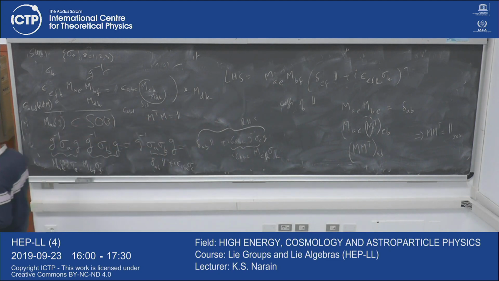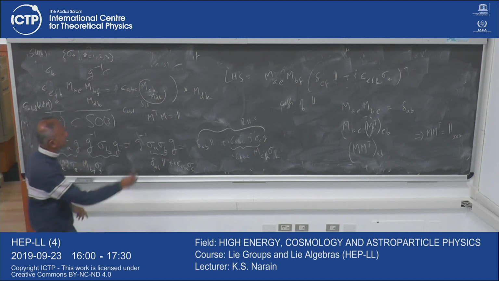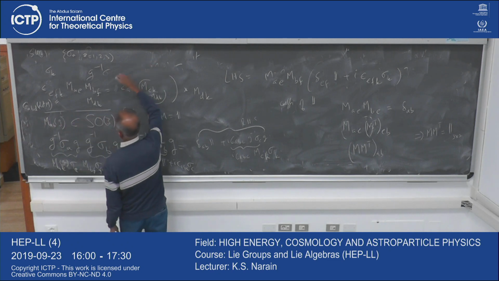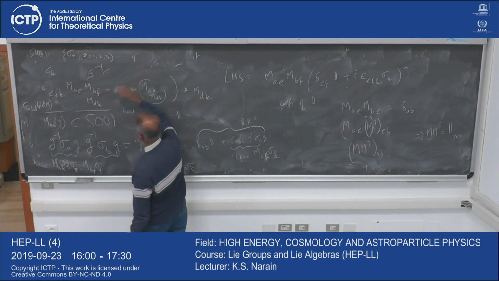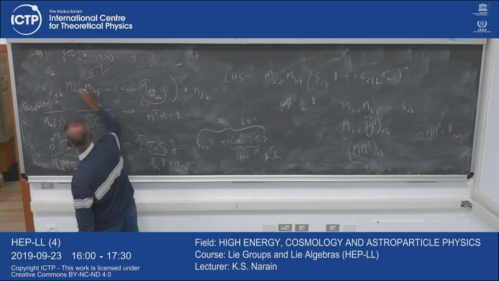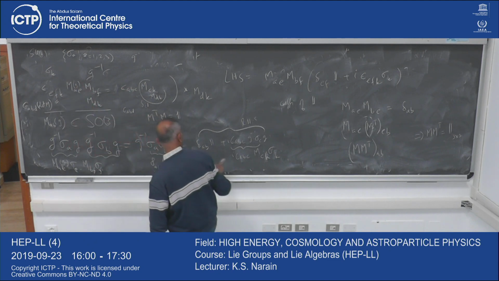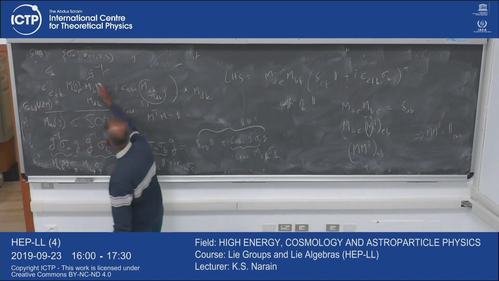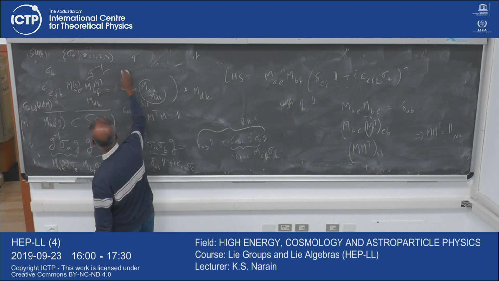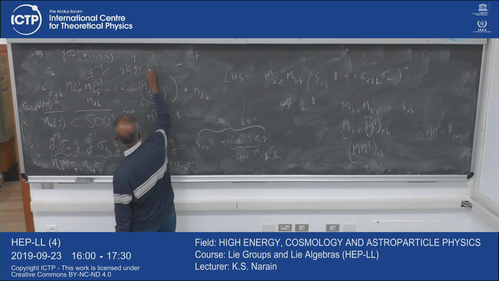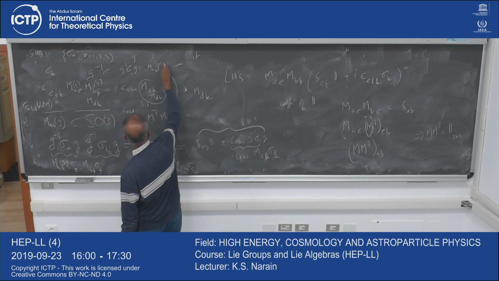Let's ask the question. So every G gives a 3 by 3 matrix M, right? This M was a function of G. Sorry, I forgot to write it, but there is a G inside here. Because everything came from G inverse sigma G equal to M AB of G sigma B, right?